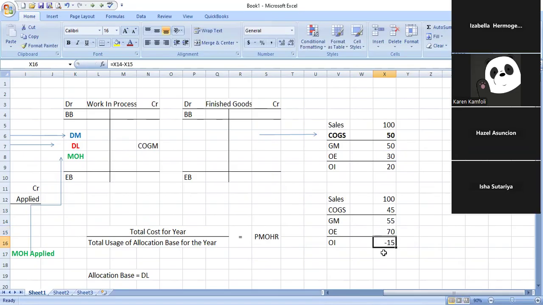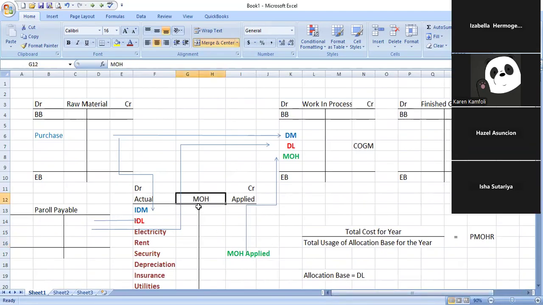Oops, I'm losing money. Now, can I go back to my customers and charge them to cover that extra cost? No. So what do I have to do? I have to close my business. Why? Because I didn't get my manufacturing overhead correctly.